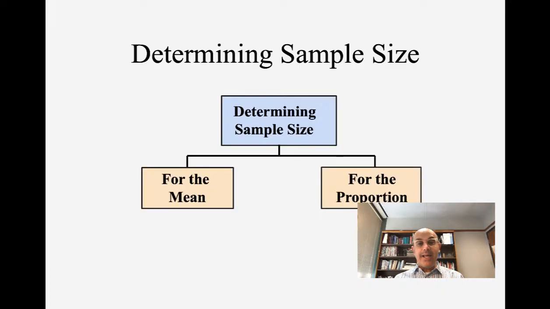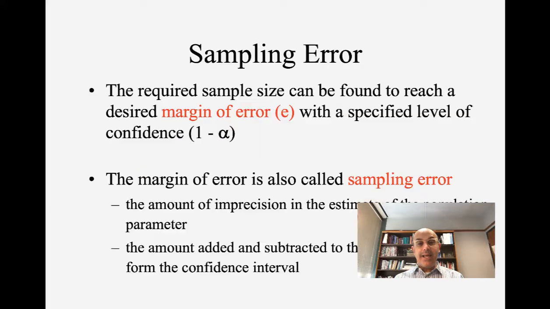But we did not discuss yet the determination of sample size. We have the idea of determining the sample size for the mean or for the proportion. One of the things that we often encounter in sample mean and proportion is the margin of error, or E, when we have a specific level of confidence in that equation.